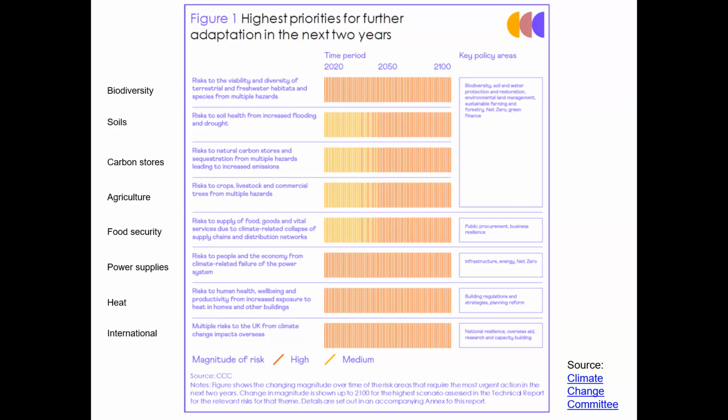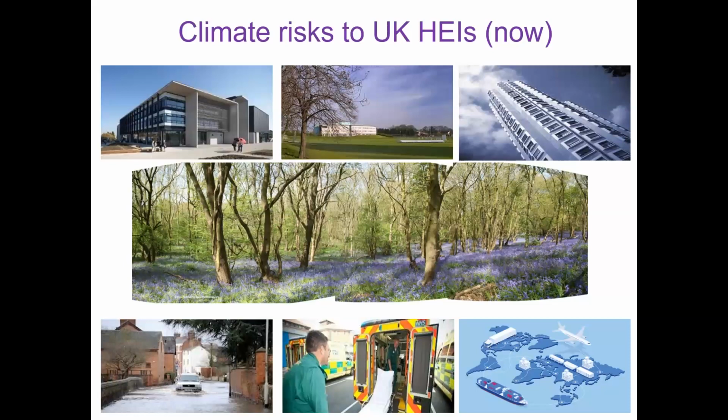So we are potentially vulnerable to loss of power supplies, heat impacts, loss of biodiversity in and around our facilities, enhanced release of carbon from natural stores on and around our sites. So all of these apply, but of course they're at a national scale. And what we really need to be doing is thinking about the local situation, the local context.